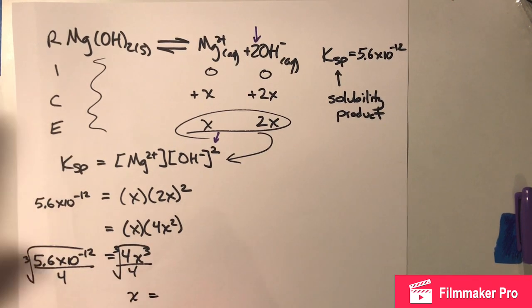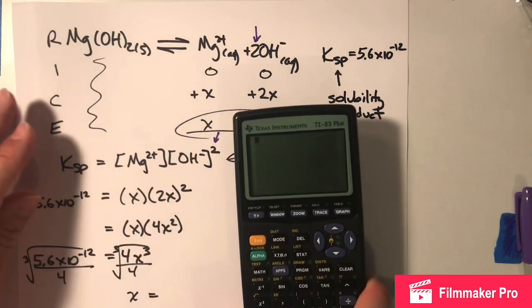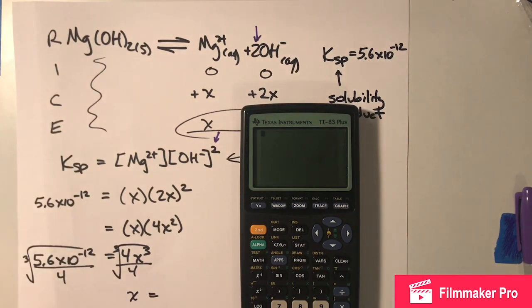Now, when you do this on your calculator, there is a third root button buried in the math menu, or depending on what kind of calculator you have, it's probably buried somewhere. But the way I do it is, first I'm going to go ahead and do my divide by 4, just to simplify that.